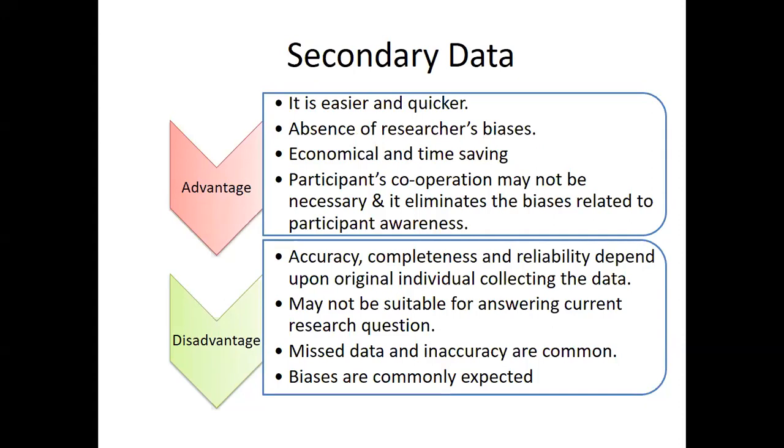There is the absence of researchers' bias because this type of data is collected by a third party, a person who collected the data for a different purpose. Let's say, for example, financial records, or even marketing records, sales records. They are collected for a different purpose by a different person. Now you as a researcher, you are using it for research purpose. Now that is an advantage because it creates some independence. The researcher's biases are not contained.